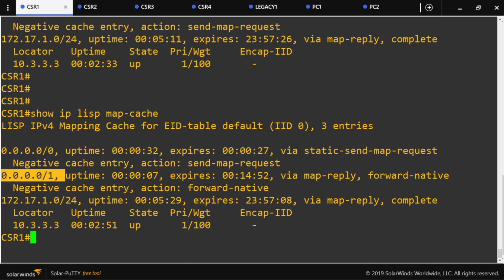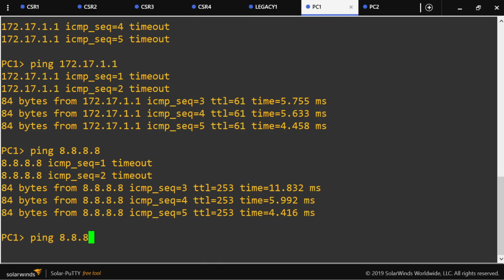Notice the mask that is being used. So for instance, if I ping another IP address, for instance this one, this is not going to get a reply because I don't have it configured in this lab.